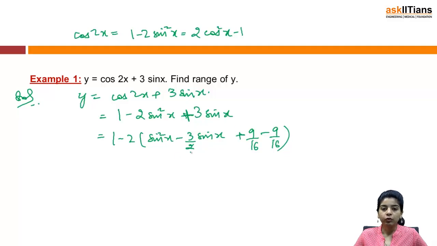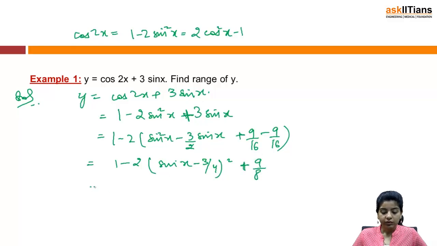So I have 3 by 4 whole square, that becomes 9 by 16. So I have to add and subtract 9 by 16. This becomes 1 minus 2 sin x minus 3 by 4 whole square plus 9 by 8. So this is equal to 17 by 8 minus 2 sin x minus 3 by 4 whole square.